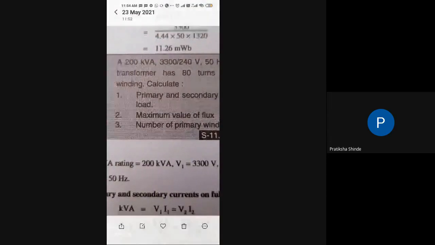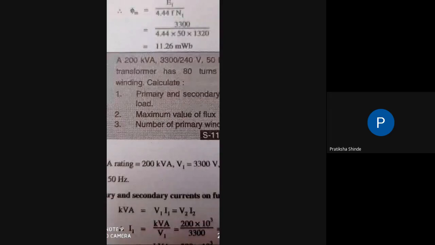Same for I2. I2 is equal to kVA upon V2, not V1. It's kVA upon V2.